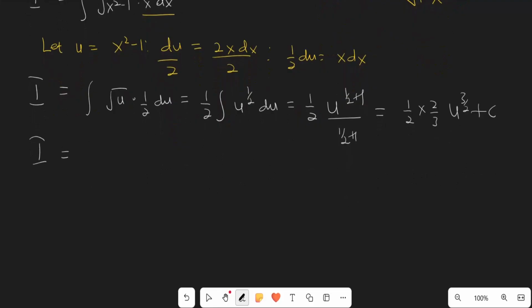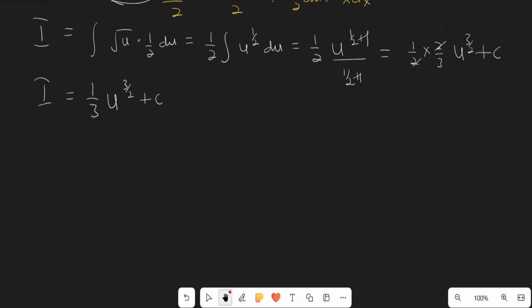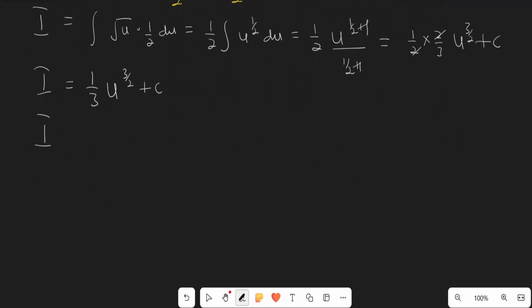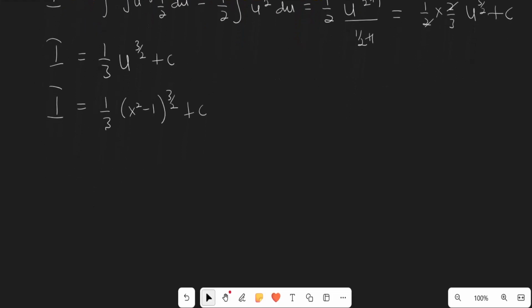So I is equal to, this cancels, 1/3 u raised to the power 3 over 2 plus c. But what is u? u is x squared minus 1. So just replace that. I is equal to 1/3 times x squared minus 1, which is our u, raised to the power 3 over 2, plus the constant of integration.